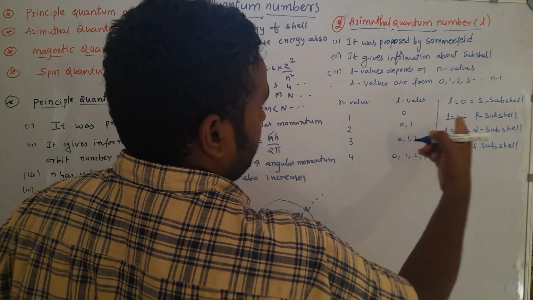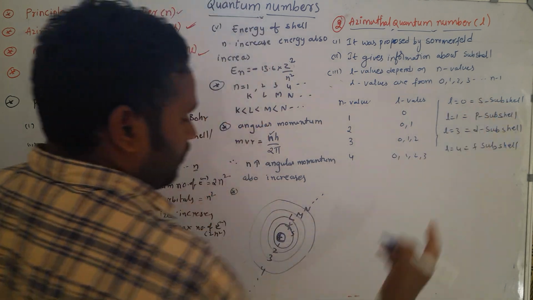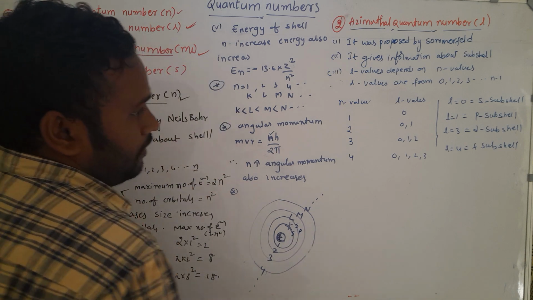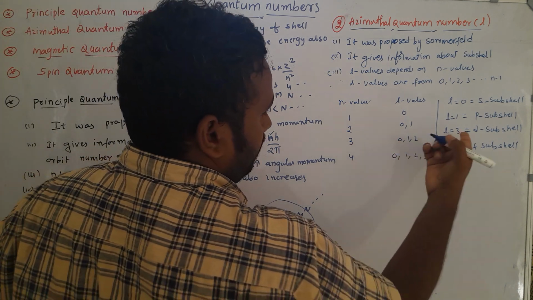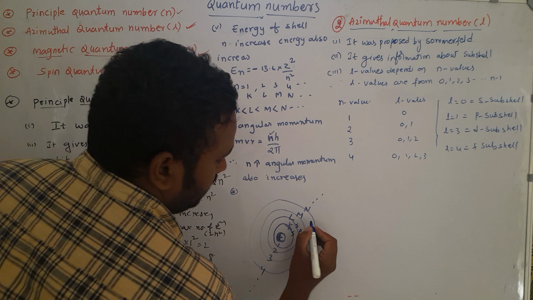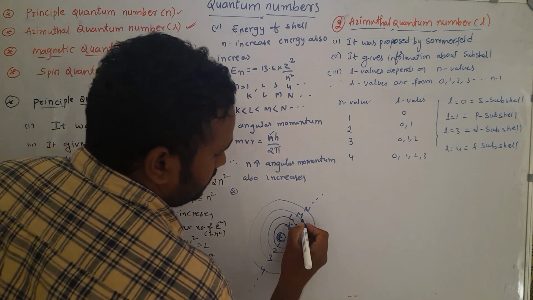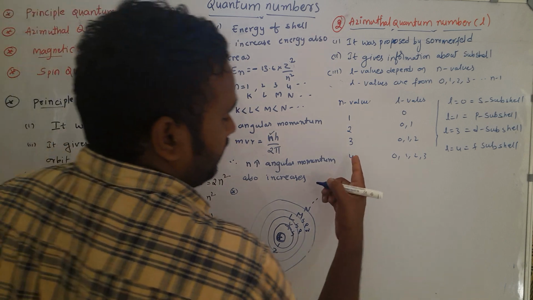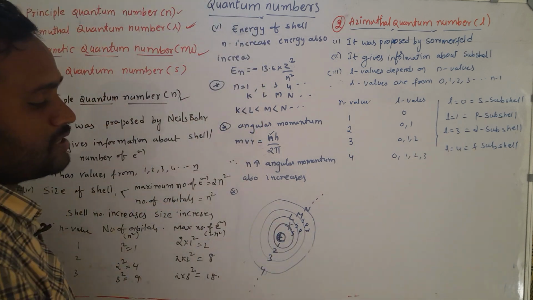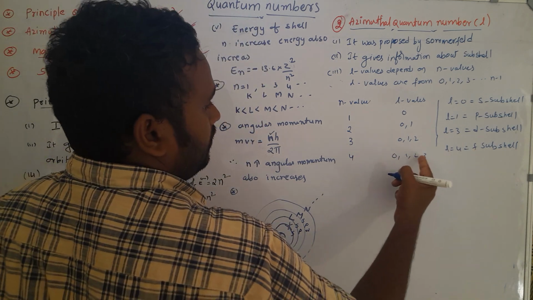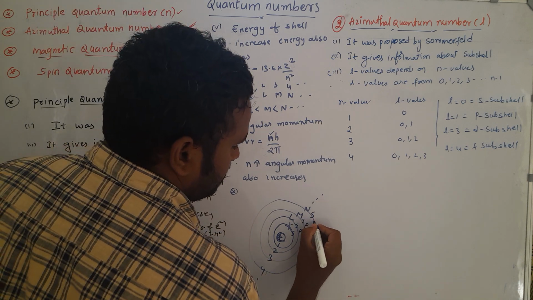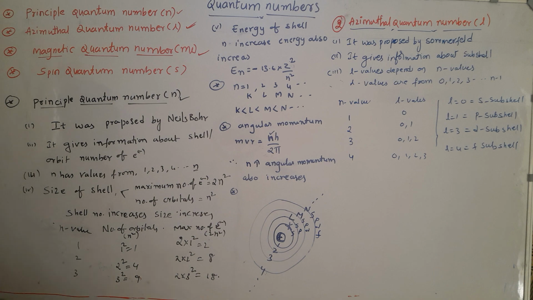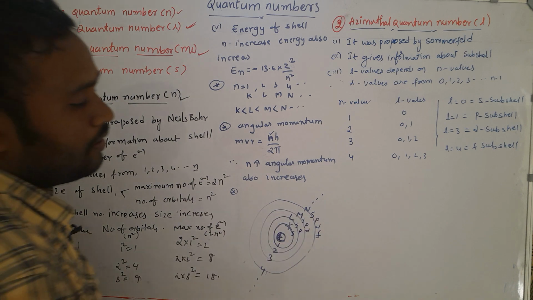See here, 0 and 1 are possible: 0 means S subshell, 1 means P subshell, S P. Next, the third shell: 3 L values are possible, that is 0, 1, 2, which means S P D. And if n equal to 4, 4 values are possible, they are 0, 1, 2, 3, that is S P D F. So this is about the azimuthal quantum number.